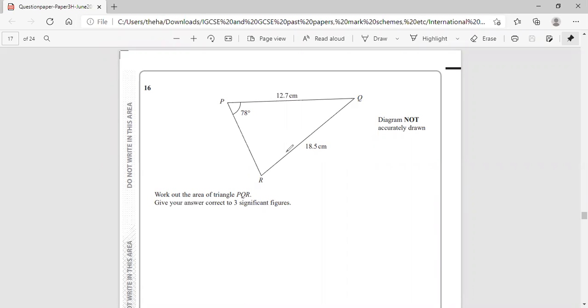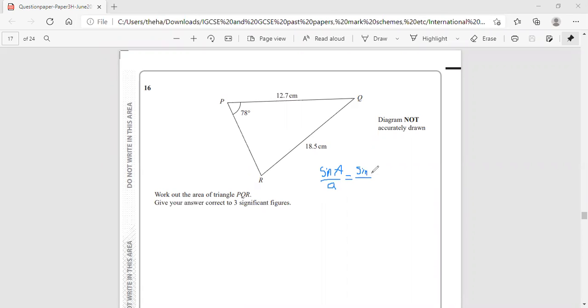So the sine rule. So we've got sine of A, so capital A means an angle, little a means a side, and then we've got sine of B, big B, to make sure it's an angle. So we're trying to work out an angle here.